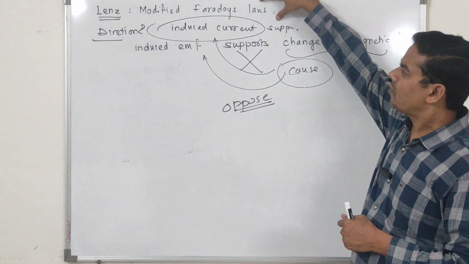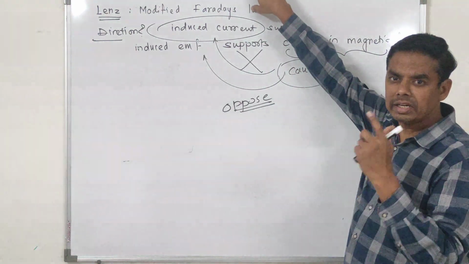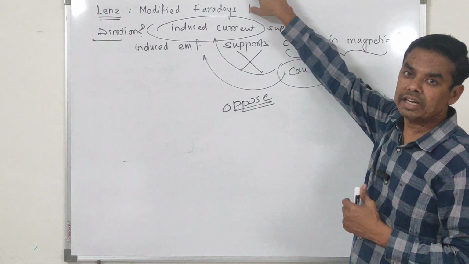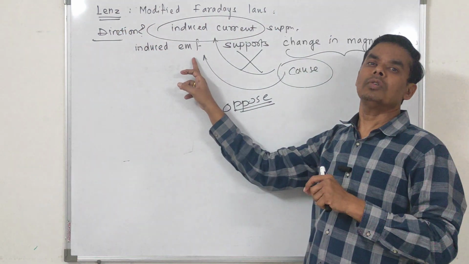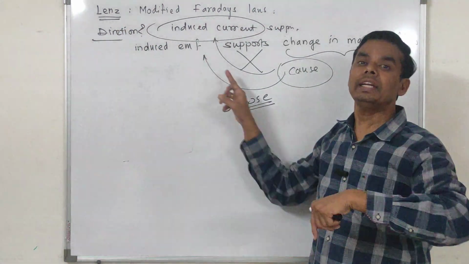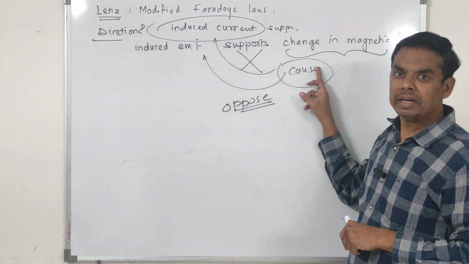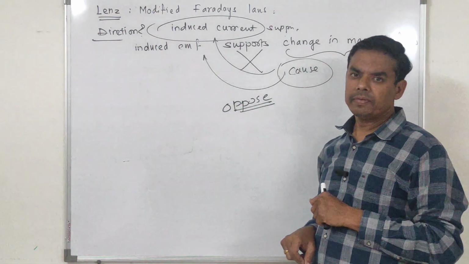According to Faraday's law of electromagnetic induction, he has given the cause and the magnitude, how much EMF is induced in the coil, but he has not specified the direction of induced EMF. According to Lenz, the EMF induced in the coil is induced in such a way that it opposes the cause which produced it. Change in magnetic flux is the cause which produces this induced EMF and induced current.